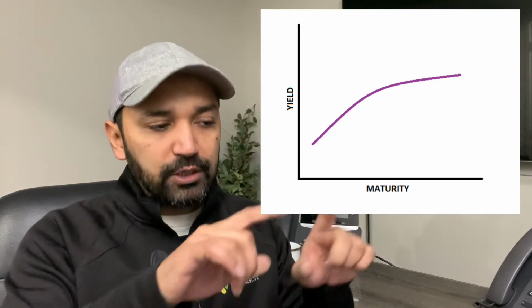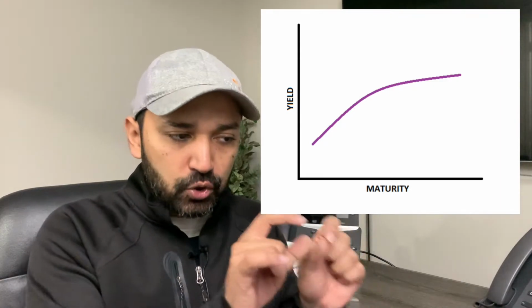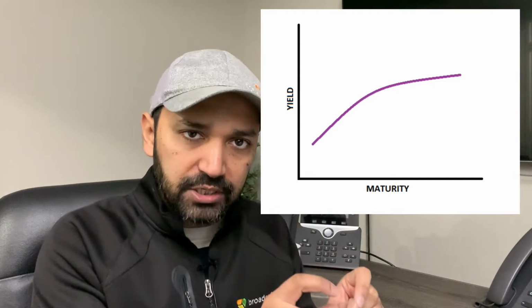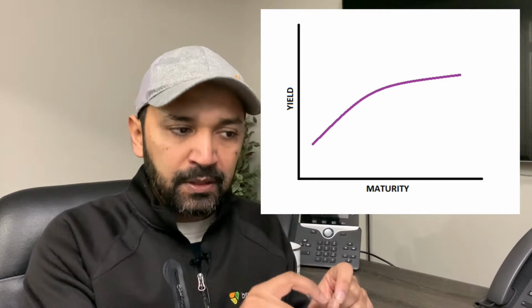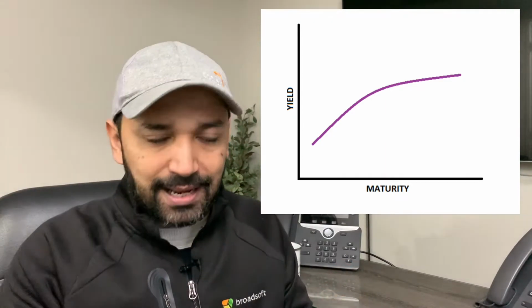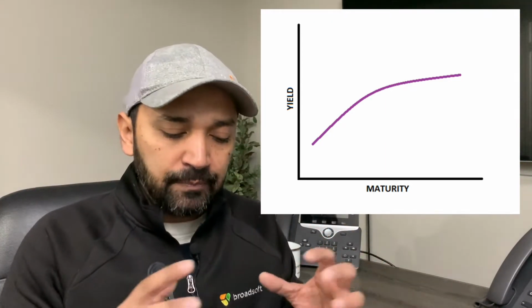When you look at this graph, you can see the short-term bonds have lower yield, or lower interest rate, versus the long-term bonds, and that is self-explanatory, because the longer the term, the higher the risk. If you have a 10, 20, or 30 year bond, you have a higher risk in terms of inflation, or the issuer defaulting at any time, so you have a much higher risk keeping those bonds over time.